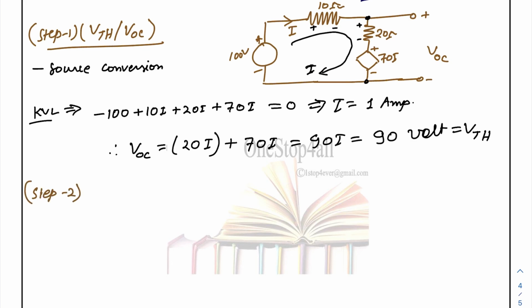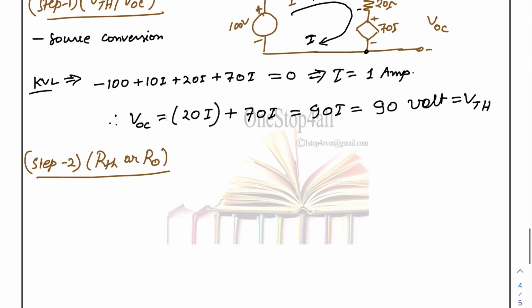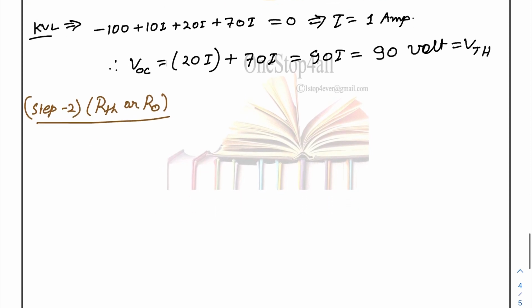Step 2 is to find RTH, or we can write R naught, RTH, ZTH, Z naught, whatever you want. Now, how to find out RTH and R naught?